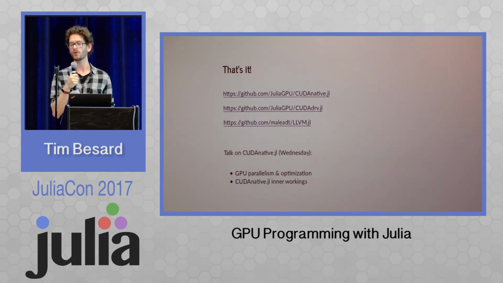And as I said, tomorrow I'm going to give more of a high-level talk on CUDAnative: again, how GPU parallelism works, how you optimize for it, with some more overview on how CUDAnative works, how it uses LLVM.jl, and how it compiles using the existing JIT infrastructure. And on Thursday, I'm going to give a lightning talk on LLVM.jl, how you can use it to create your own compiler or to compile your own code and plug it back into Julia. All right, and now I'm going to give the mic to Simon.